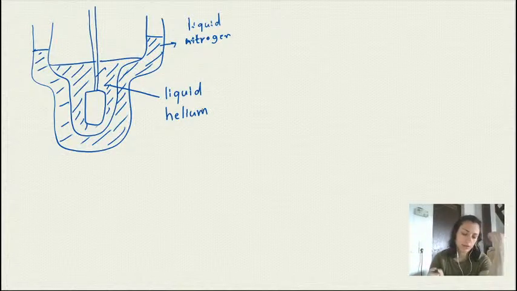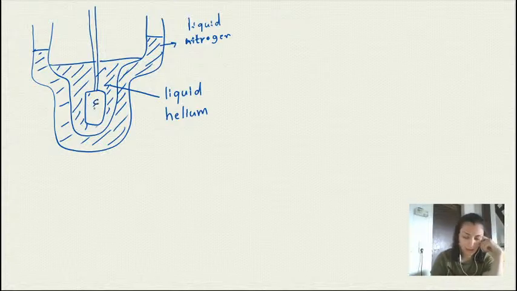This helps us bring the temperature of whatever is inside here to around 3-4 Kelvin, and that's what we are attempting to do, to reach that temperature to be able to reach the superconductivity state.